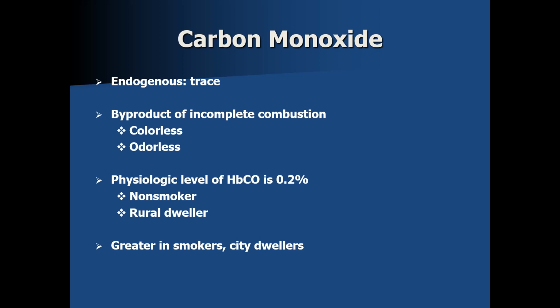Otherwise, carbon monoxide found in the blood is inhaled as a byproduct of incomplete combustion. Carbon monoxide, as you know, is both colorless and odorless. The physiologic level of carbon monoxide in the blood of a non-smoking rural dweller is about 0.2%. However, this value will be greater in smokers as well as in city dwellers.